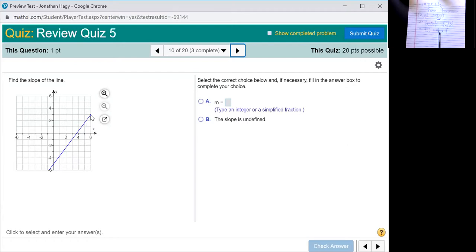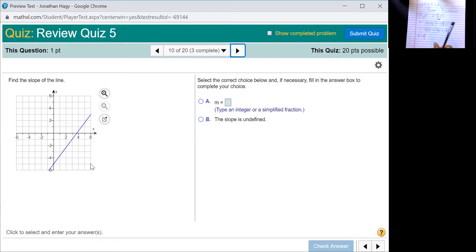Now I chose those because they intersect the grids perfectly. So if I go from -5 to +3, that's a rise of 8. If you want, count the boxes. You'll count up 8 boxes to get to here. The run from 0 to 6 is 6. So it's 8/6.